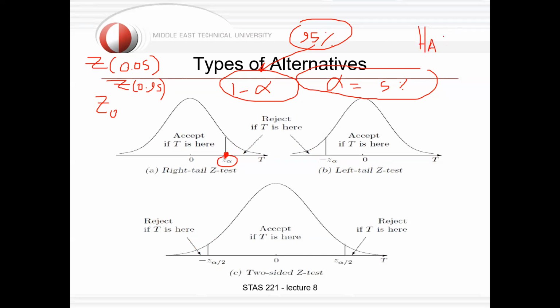If HA is, for example, mu more than 2, it means your rejection area should be defined by more than. We are talking about such a case. If it is less than, then this case. If we are talking about the not equal case, then we are talking about the two-sided case.